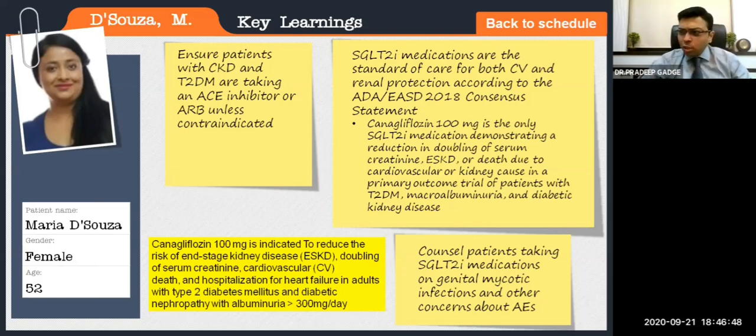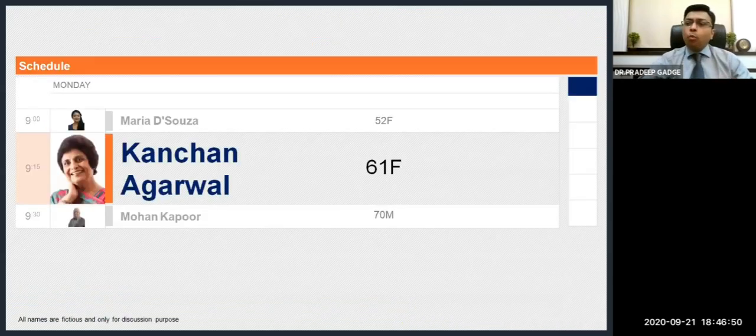So this was my first case, a case of diabetes with CKD. The second case is diabetes, CKD, and ischemic heart disease with preserved LVF. The third case is diabetes, CKD with heart failure and decreased ejection fraction.